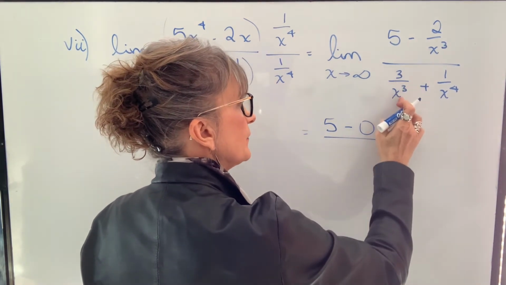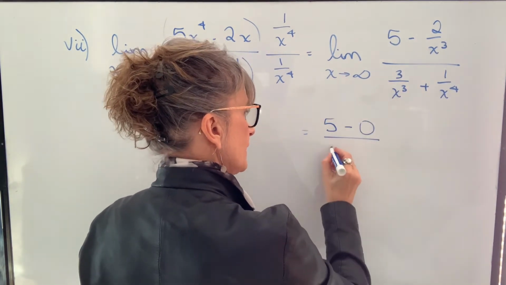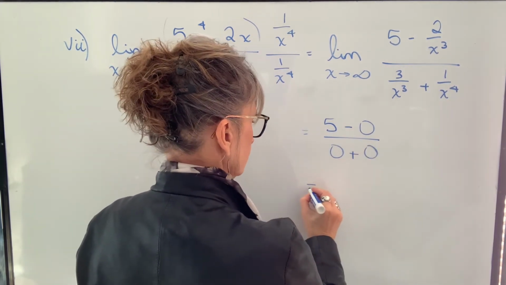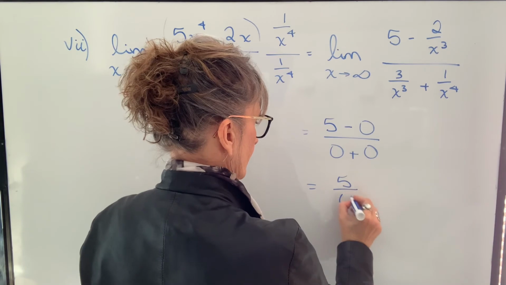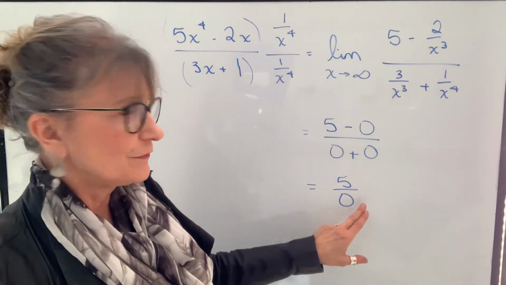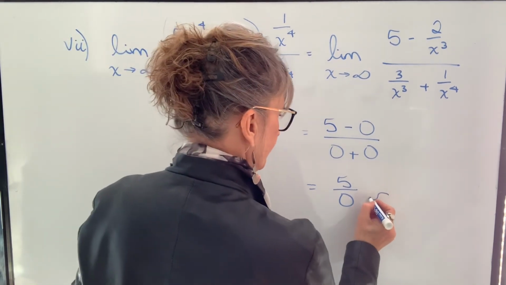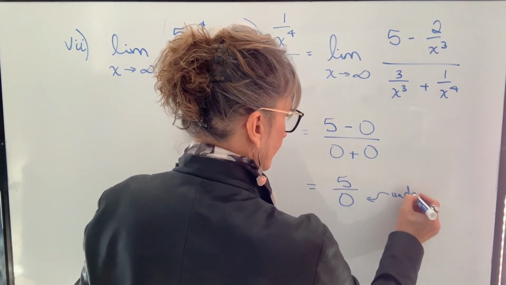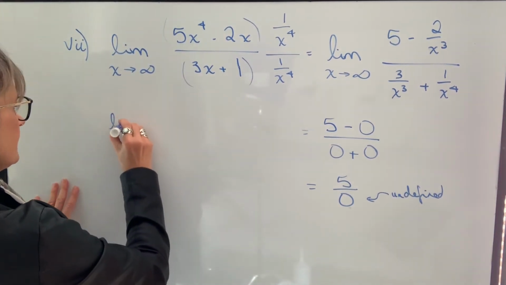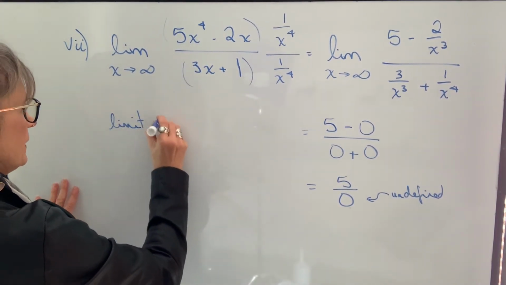Similarly, the limit of this fraction as x approaches infinity is 0, and same thing here. Hopefully you recognize we have a problem. We have division by 0, which is undefined. So this is telling us that the limit does not exist.